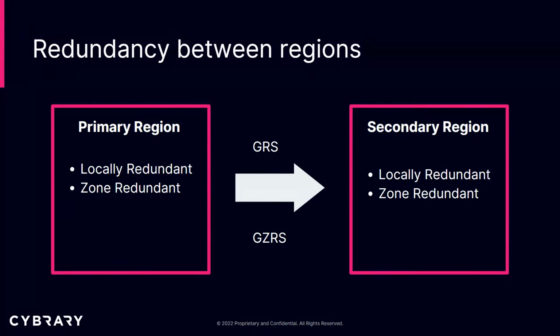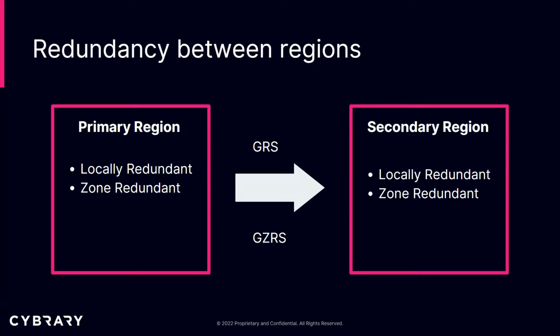Azure Storage offers two options for copying your data to a secondary region: geo-redundant storage or GRS, and geo-zone redundant storage, which is known as GZRS. The primary difference between GRS and GZRS is how data replicates in the primary region, whether it is within the region or within the zones.